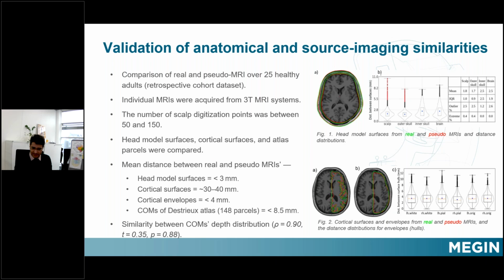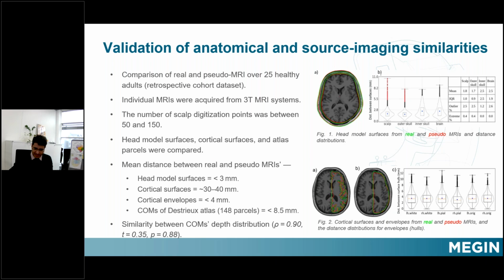At that level, there were differences. When we compare point to point, sometimes it goes even 30 mm to 40 mm. So if you compare the cortical surface, they were quite different. The distance between them may go high, although at macro level they were quite close.